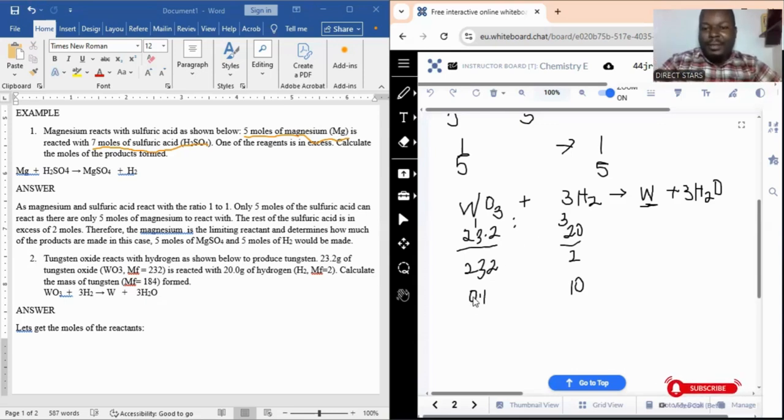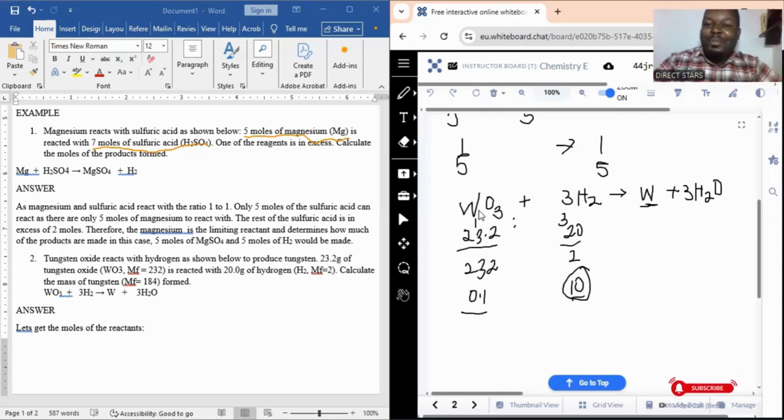So in this case, we have 23.2 grams used, which is equivalent to 0.1 mole, so we should expect to use only 0.3 moles of hydrogen, and not 10. Which means hydrogen is in excess, and then our limiting reagent is our tungsten oxide.